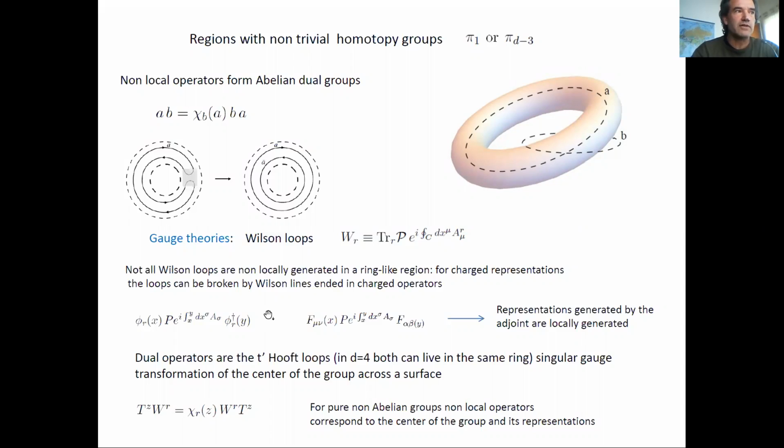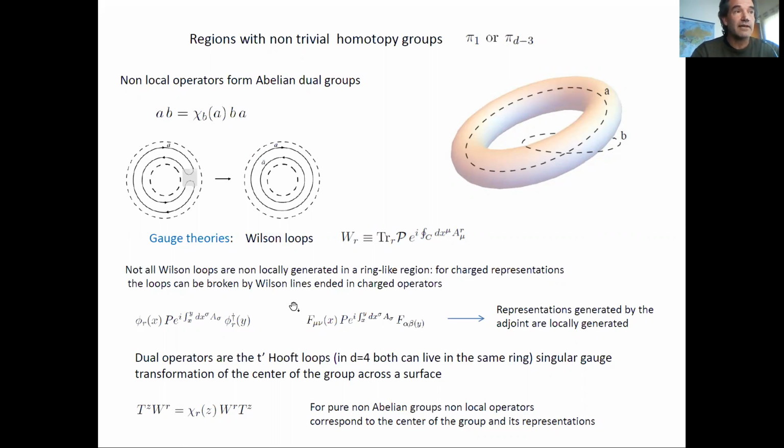For example, if you have some charge operator with the representation R, then you can form this Wilson line, and this Wilson line will just give you a way to break this Wilson loop in pieces. You can have a Wilson line here, and a Wilson line here, and a Wilson line here. And in the algebra generated by the product of these, you would obtain the Wilson loop. So the Wilson loop will be locally generated by products of Wilson lines ended by the charge operators.